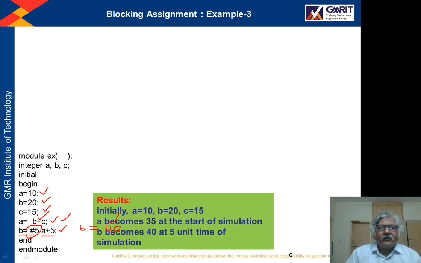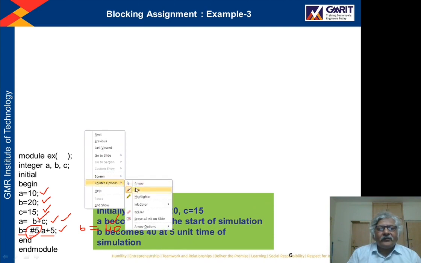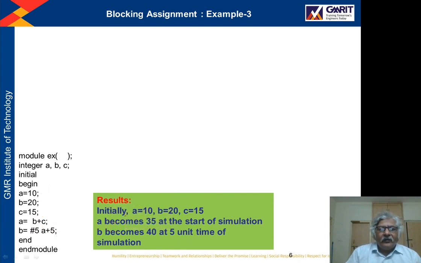So this will be the result. This A becomes 35 at the start of the simulation because in this statement no time delay is mentioned, right? That's why all this updation will take place at the same time. Now B becomes 40 at 5 unit time of simulation.